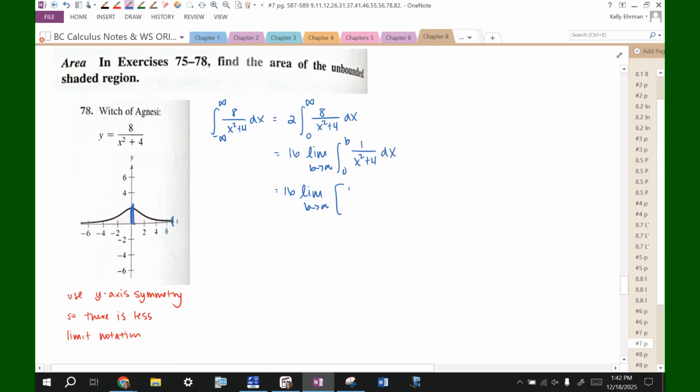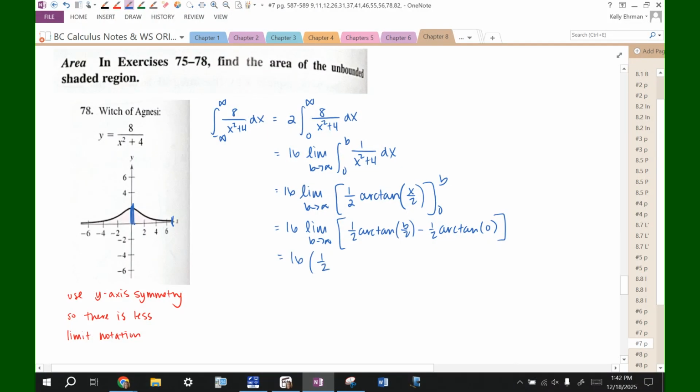So a is 2, so 1 over 2 times arctan of u over a, x over 2, from 0 to b. So 16 times the limit as b approaches infinity of 1/2 arctan b over 2 minus 1/2 arctan 0. 16 times 1/2.